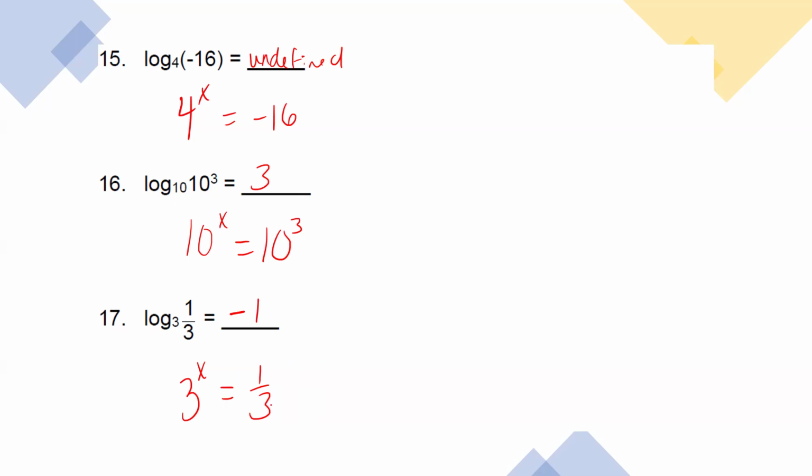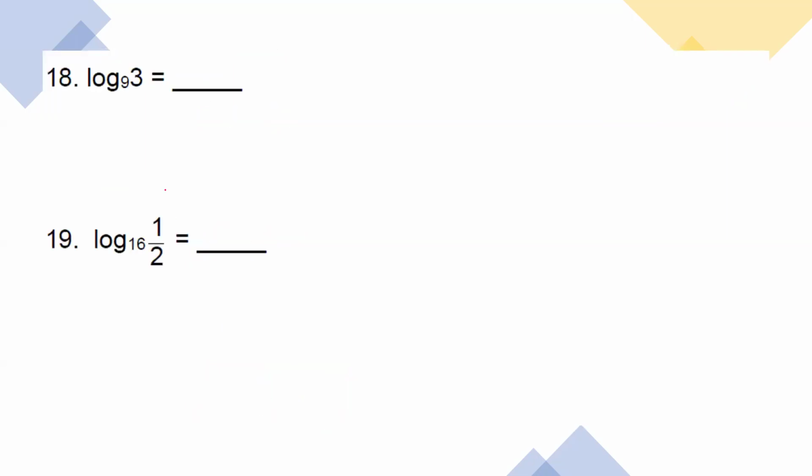So the answer is -1. Okay, this can also be rewritten. So 1/3 is the same thing as saying 3 to the -1. Okay, let's try a little harder.